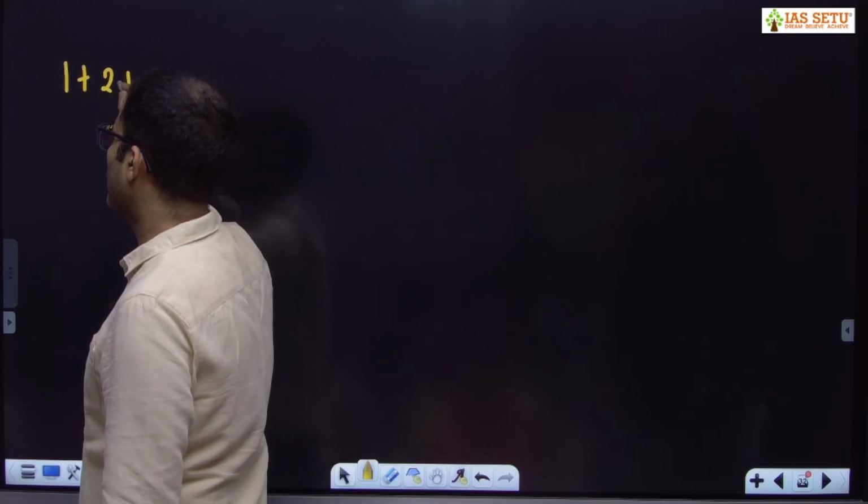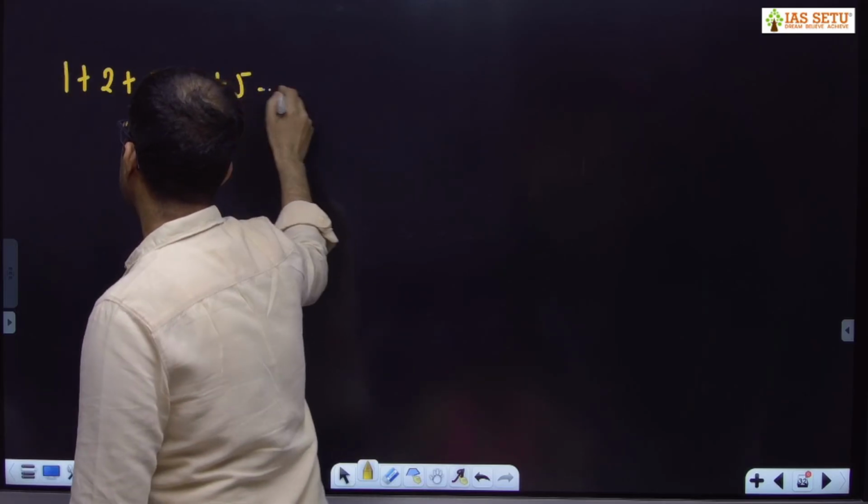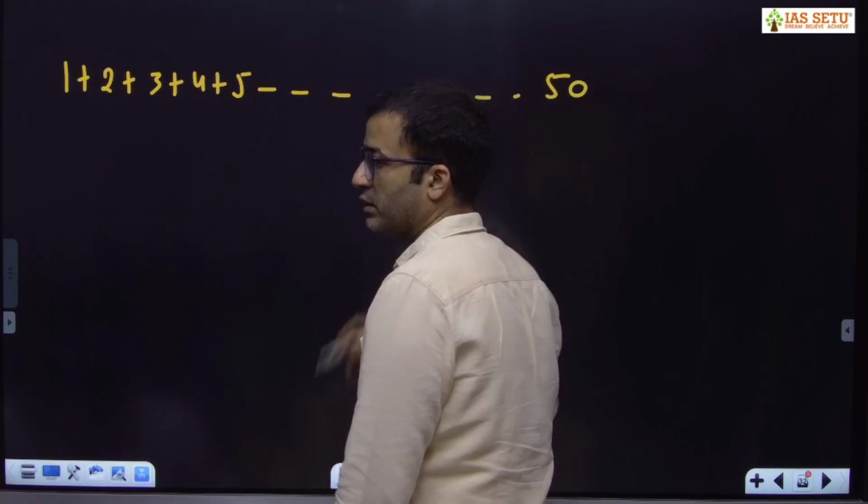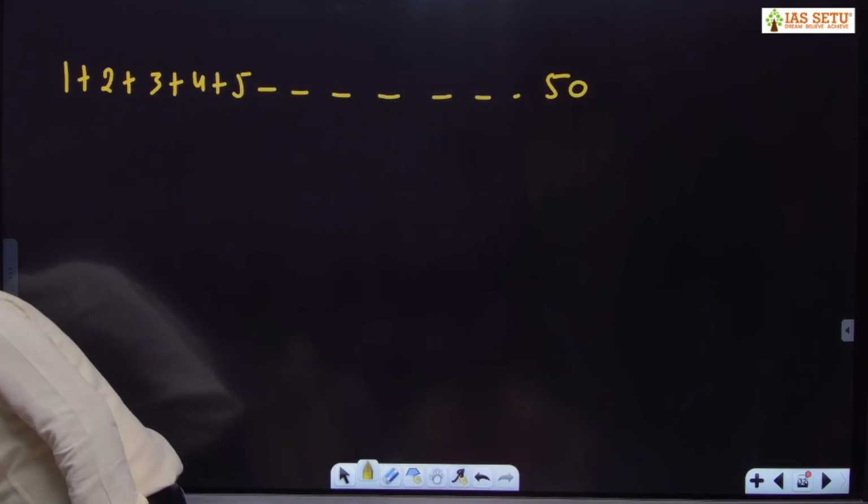Next question. 1 plus 2 plus 3 plus 4 plus 5 up to 50. Tell me what is the sum of first 50 natural numbers.